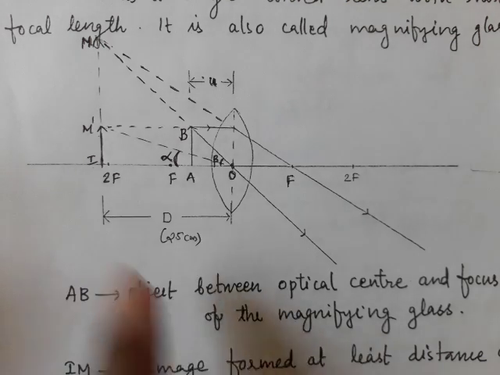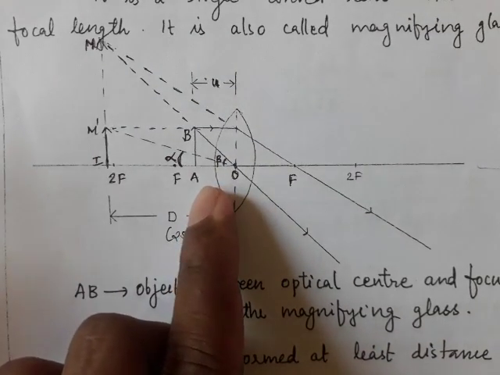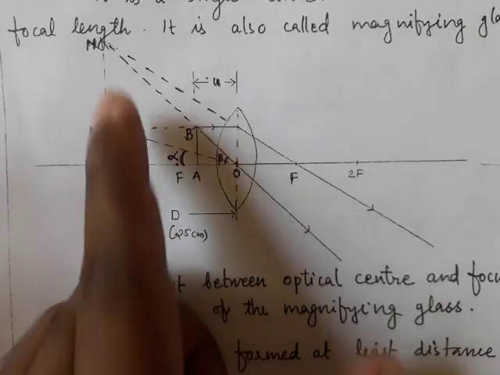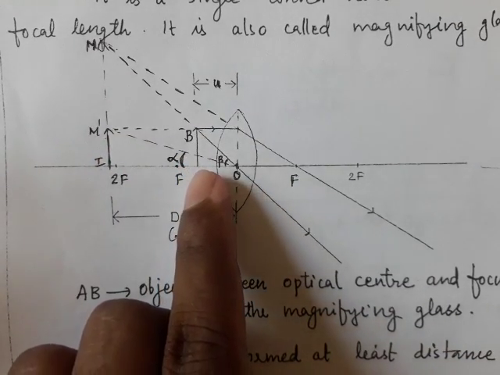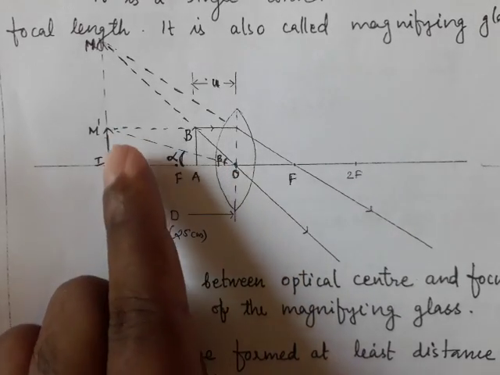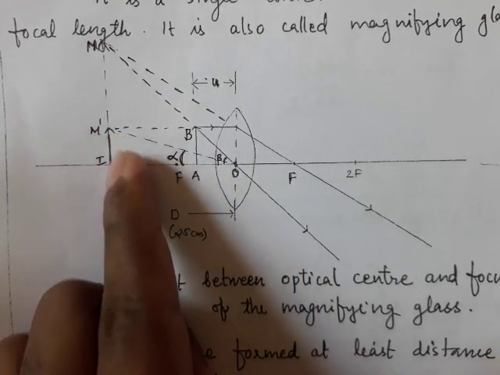Why we go for this definition is, if we take the angle made by the image and the angle made by the object, AB makes the same angle as that of IM. But the definition is the angle made by image IM at D, that is beta, divided by the angle made by the object at D, that is IM dash.